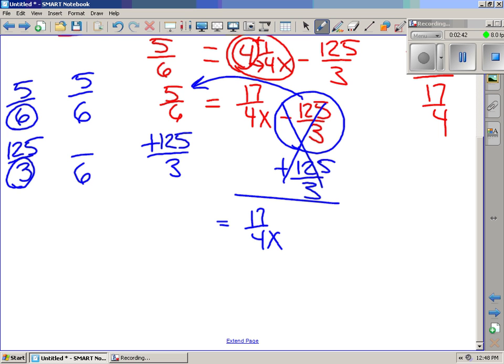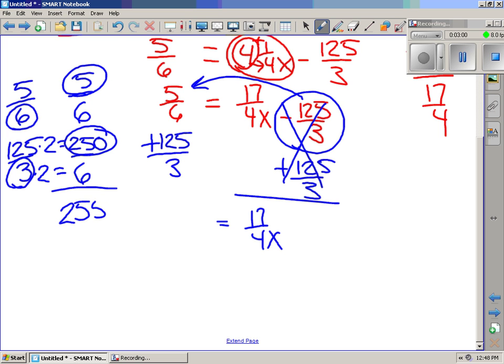The 125 over 3 does change. 3 needs to be multiplied by 2 to get 6, so I also need to multiply the numerator by 2. And we get 250 divided by 6. Then we can go ahead and add these. 5 plus 250 is equal to 255/6. So now we can go ahead and write our total, 255/6.